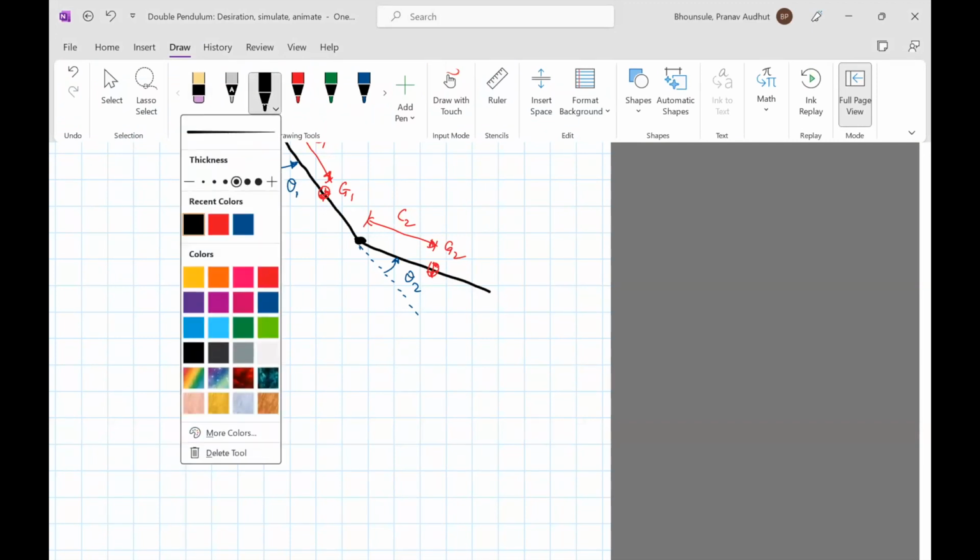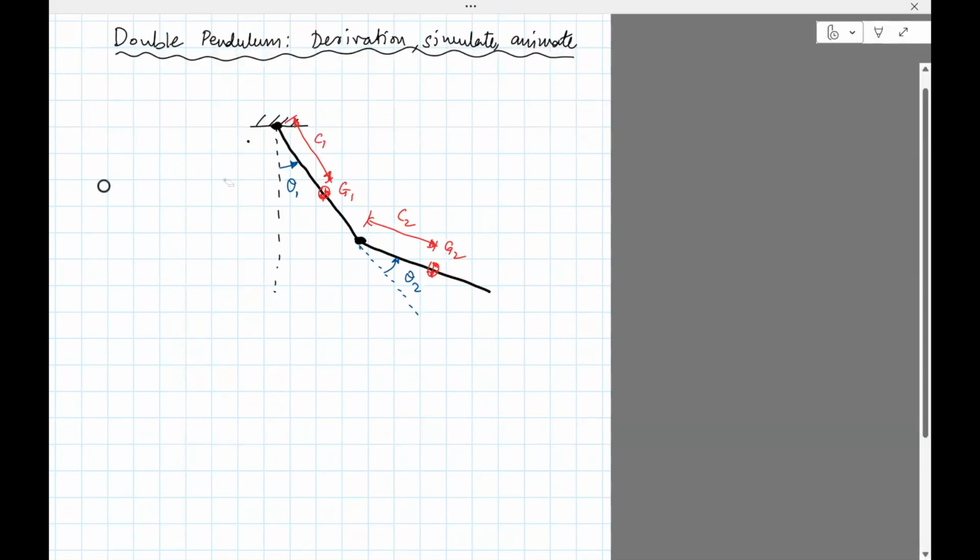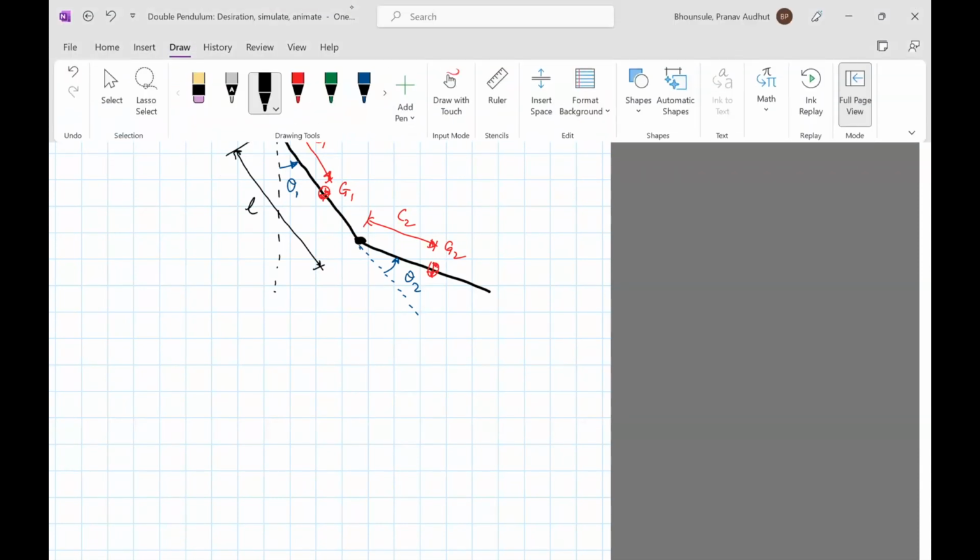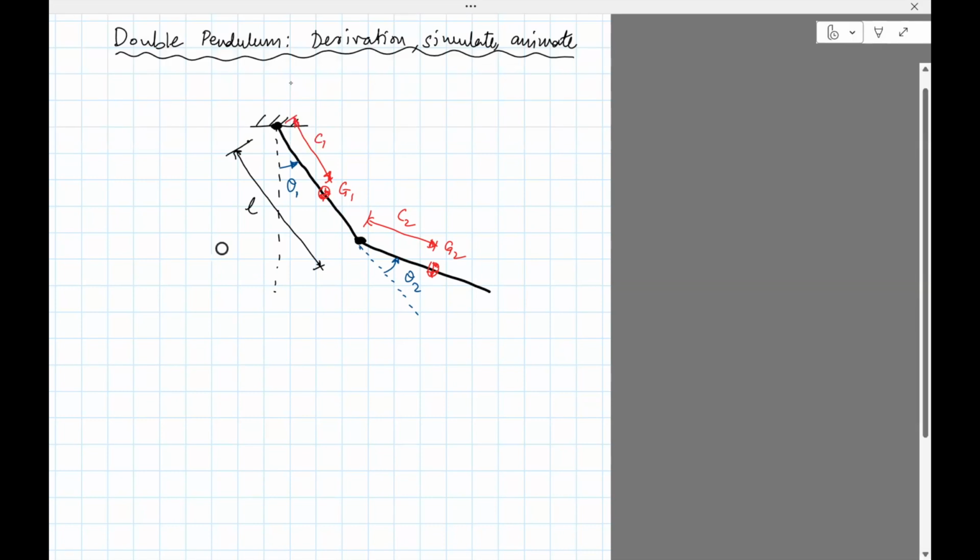The other one is not important here. It may be important in the Jacobian, but not here. So we just need this length. That's L. And let's say that the pendulum has a mass M, well, M1 for the first link, inertia I1. Second one, it's going to be M2, I2.